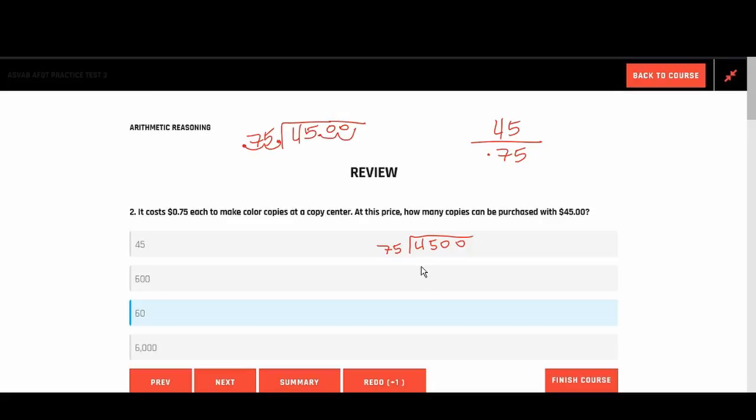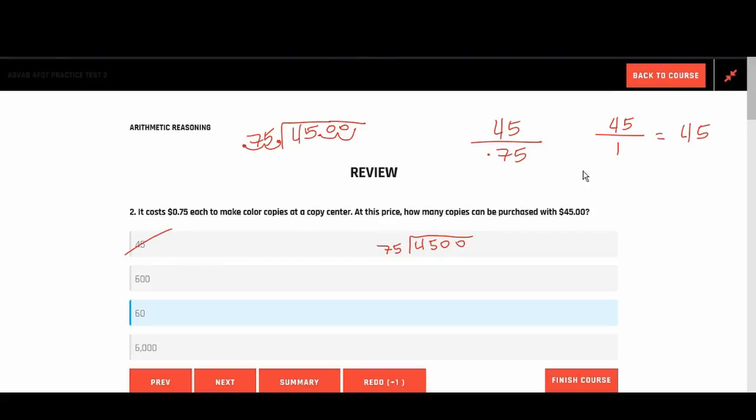Now, if you take a look at our answer choices, this will help us solve this division problem without doing too much work. We know that 75 is pretty close to $1. If each copy was $1, we would say 45 divided by 1 is 45. In other words, you can get 45 copies if you need 45 copies for $1 each. So we know this isn't the correct answer choice.